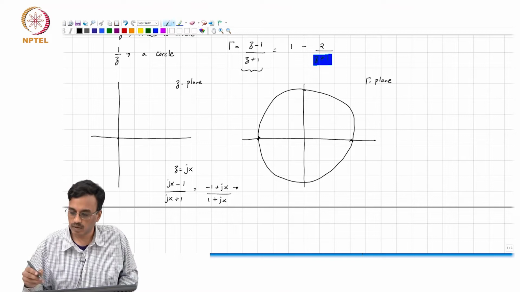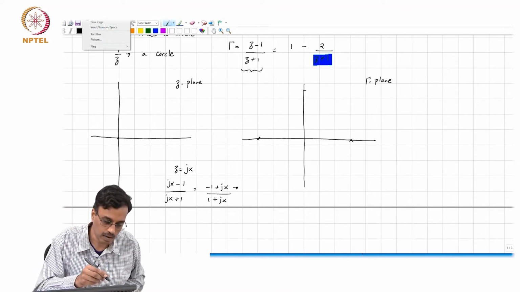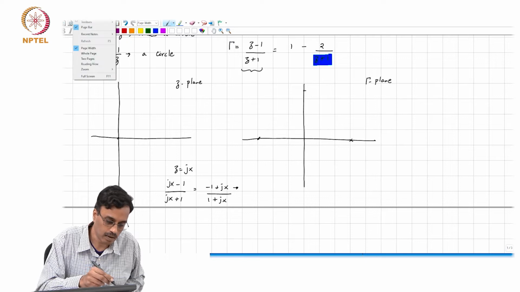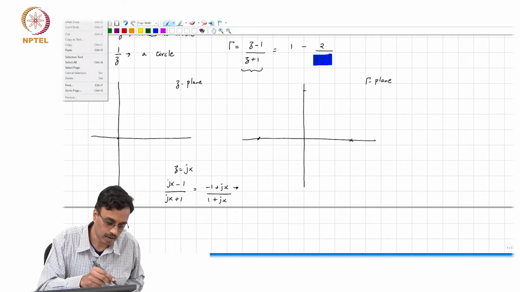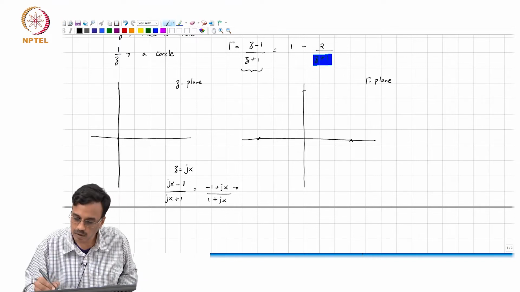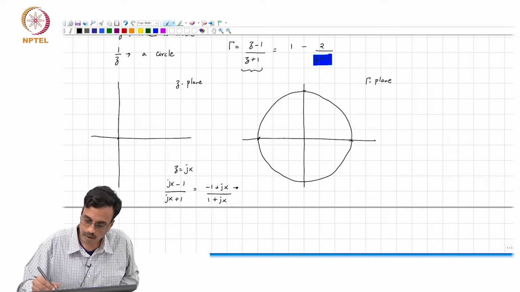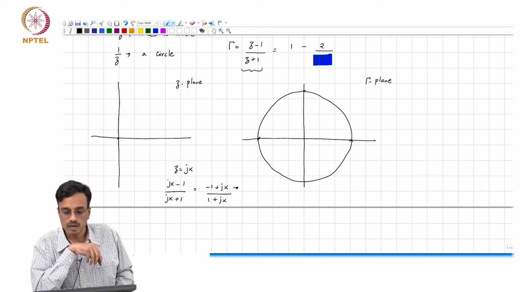Okay, not a particularly nice circle, but let me see if I can. Looks like there is no tool here which can draw a circle. Never mind. Okay. All right.